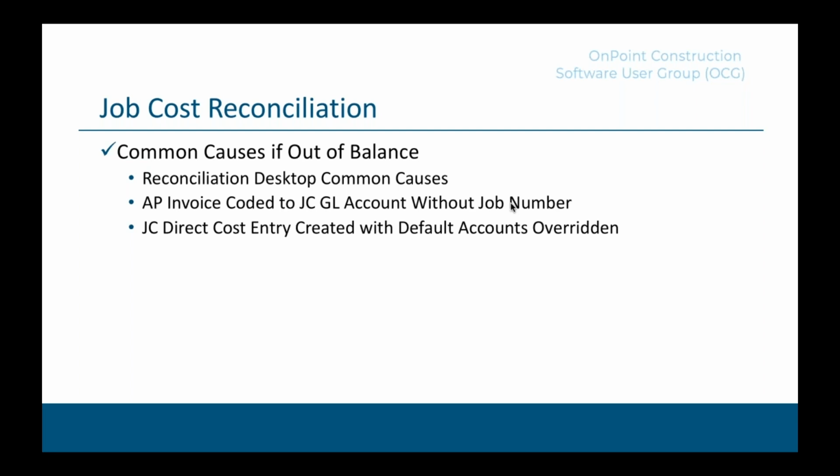That would cause that 5,000 account number to be out of balance with job cost because it was never sent to job cost, it doesn't have a job number on it.